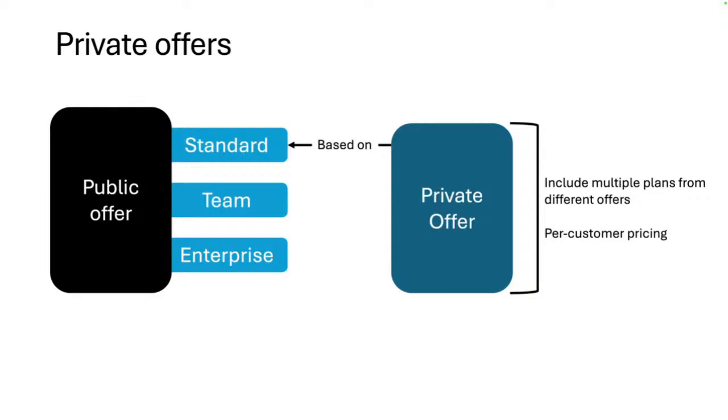And you might include more than one plan from different offers if that fits your sales model. And since we create a specific private offer for each customer, pricing is unique for that specific deal. Now, it turns out, in fact, most of the deals that occur on Marketplace are private offers.